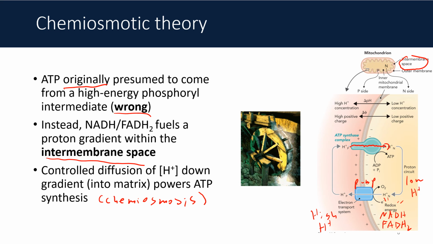This flow of protons through the ATP synthase complex is going to generate a form of energy, and it's not unlike a water wheel. Just like how the flow of river water down this paddle generates this rotational force in this wheel, similarly, the protons flowing through this channel are going to churn the gears necessary to take ADP and Pi and shove them together into ATP. And it will do so spontaneously.